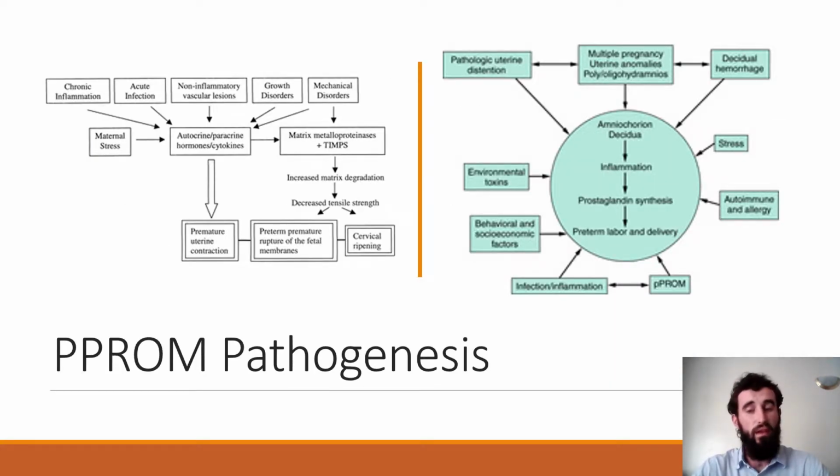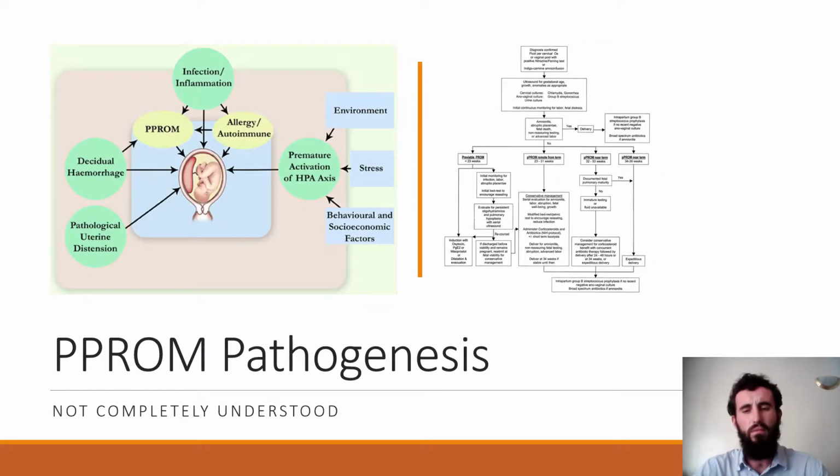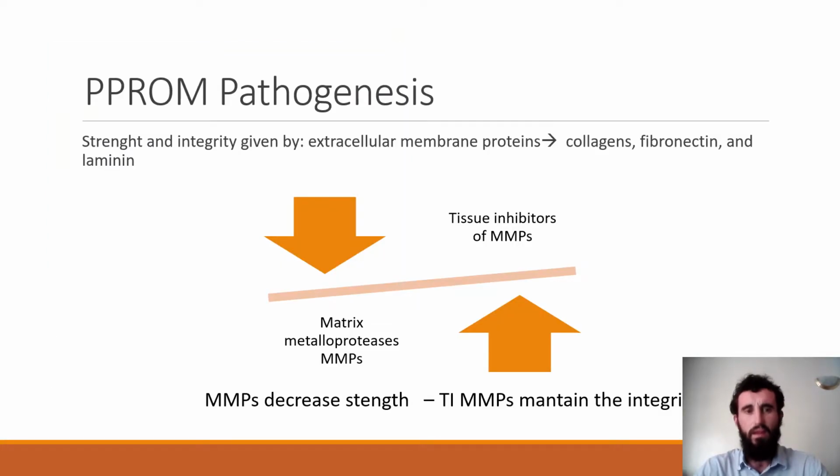What about the pathogenesis? There are many schemas, many diagrams, many theories about PROM, preterm labor, etc. But what does that mean? Probably that it is not completely understood. I will try to make a little summary of the pathogenesis. The strength and integrity of the membranes are given by extracellular matrix proteins such as collagen, fibronectin, and laminin.